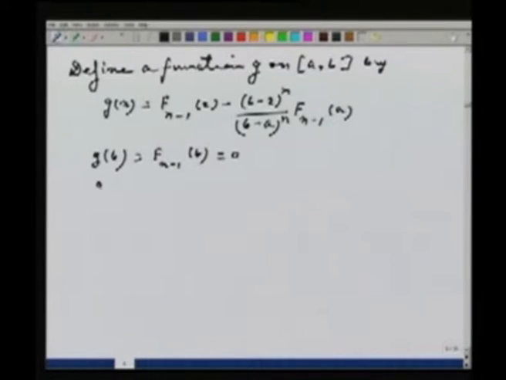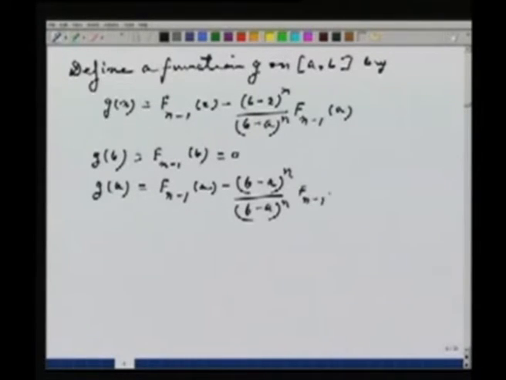What is g(a)? That is F_{n-1}(a) minus (b minus a) power n divided by (b minus a) power n into F_{n-1}(a), which is same as 0. So g is a differentiable function which vanishes at the endpoints.